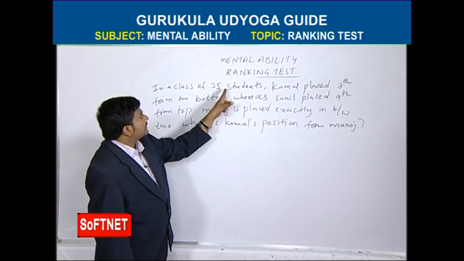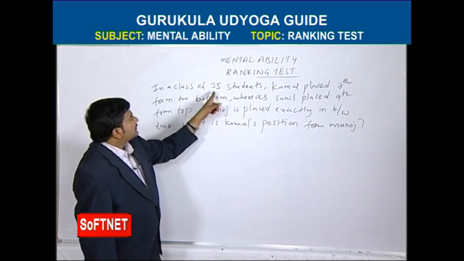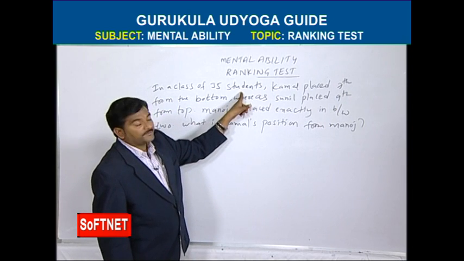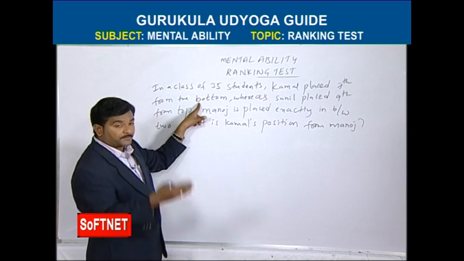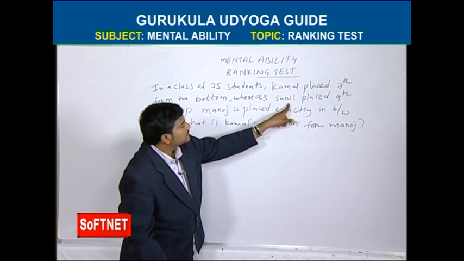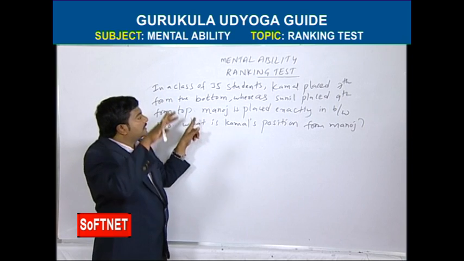Top and bottom, we have just seen in the previous question. See, one person's position is given. Total how many are there? 35 students.